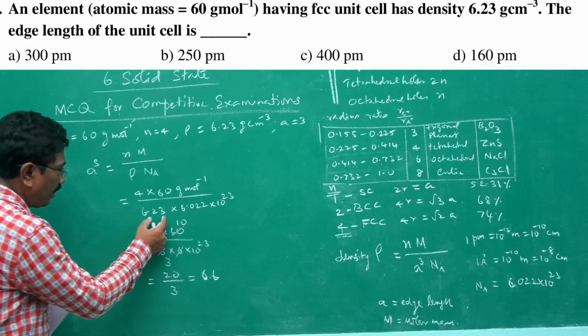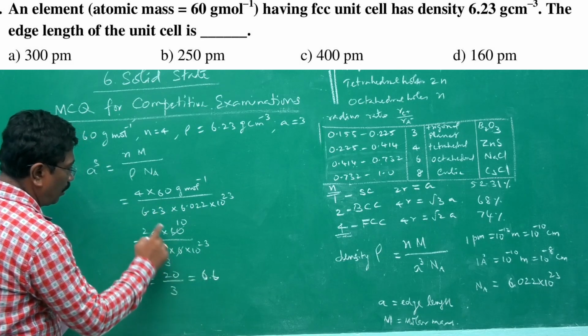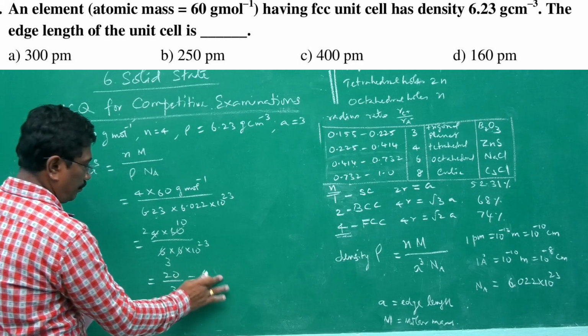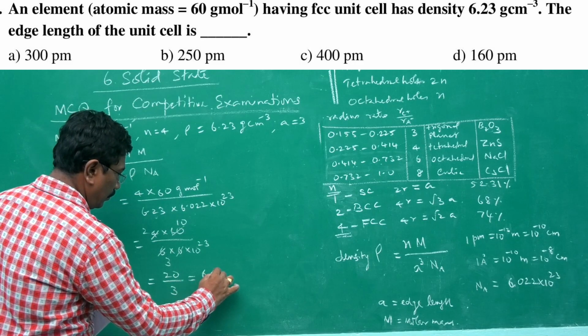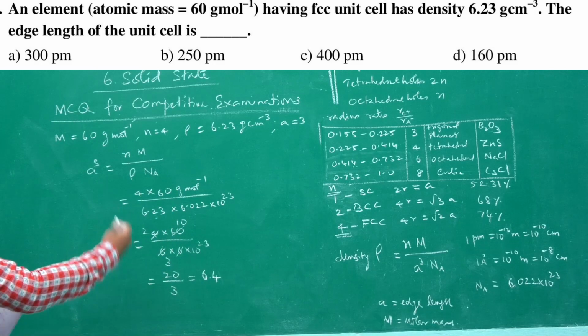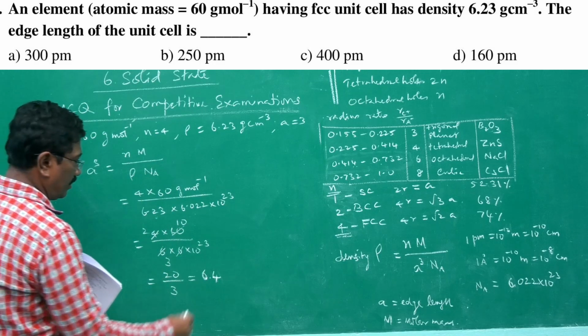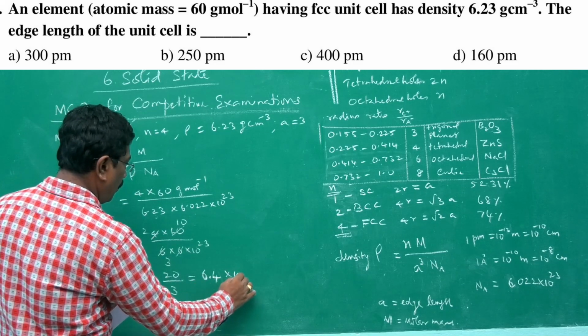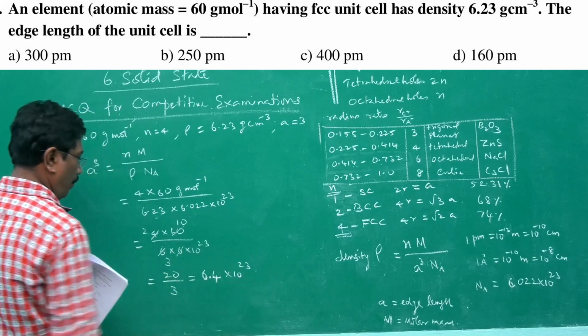It will come slightly lower than this. It may not come 6.23, it may come 6.4 or 5 like that. 6.4 approximately. So that when we take the cube root, you will be getting the answer. So that may be the value, 6.4 into 10 power 23.